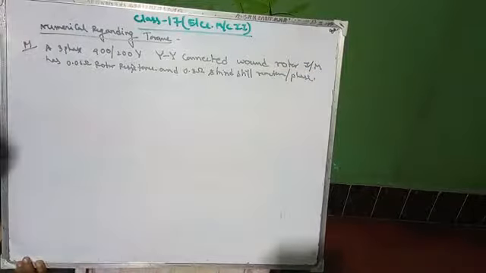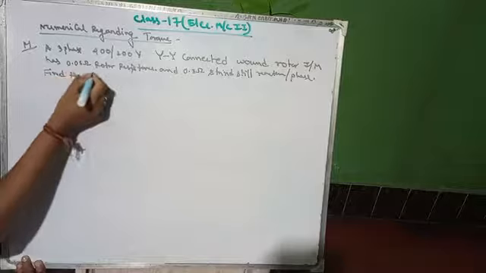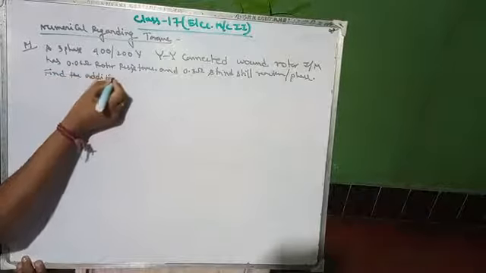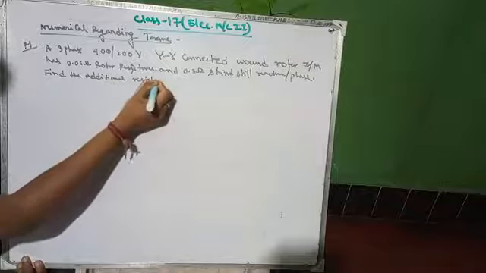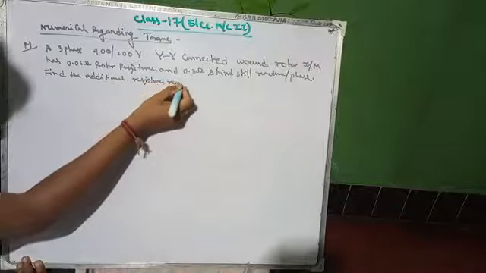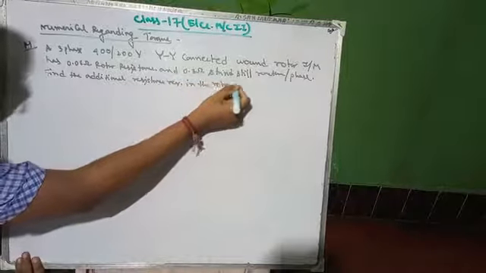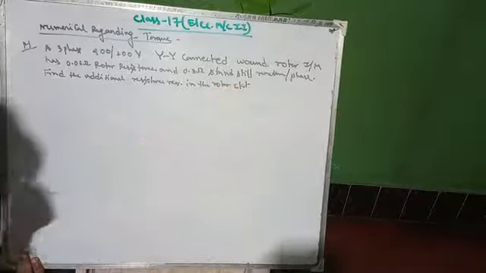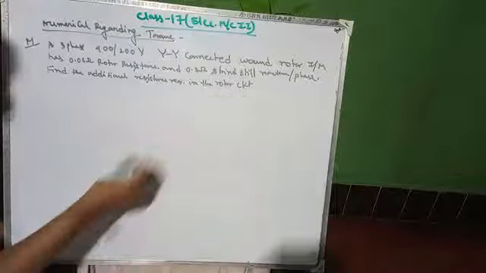Okay, find the additional resistance required in the rotor circuit to make the starting torque equal to the maximum torque of the motor.